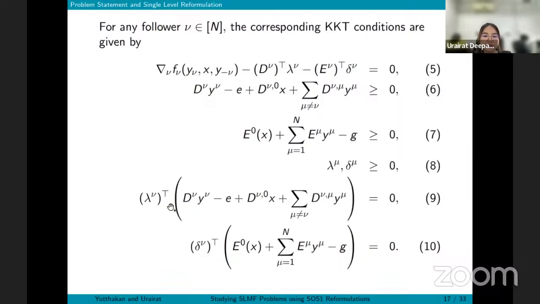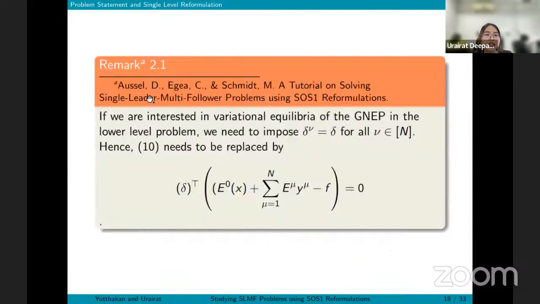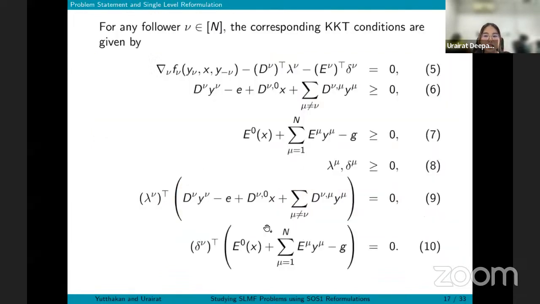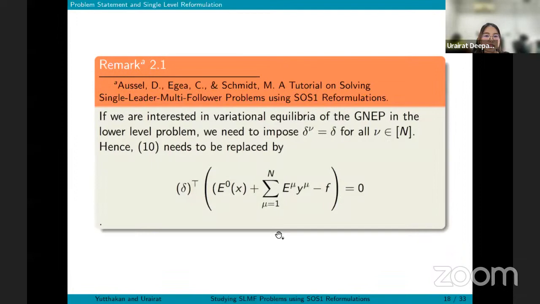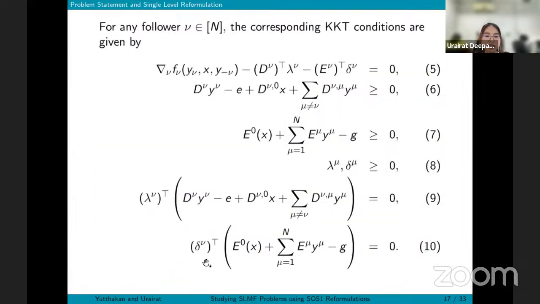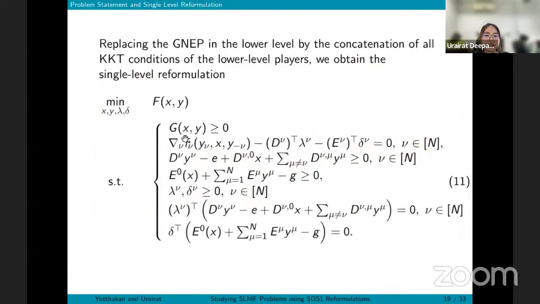Then, as Aussel remarked, we need to impose delta nu equal to delta for all nu belonging to the index set of players. From equations 9 and 10, we can derive that delta nu is delta, satisfied by equation 11. You can see it.